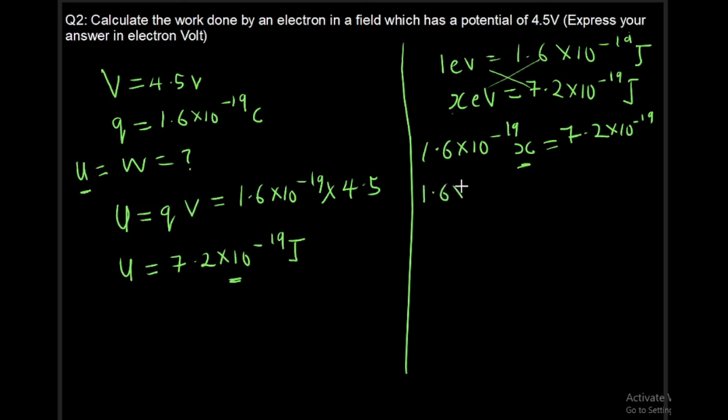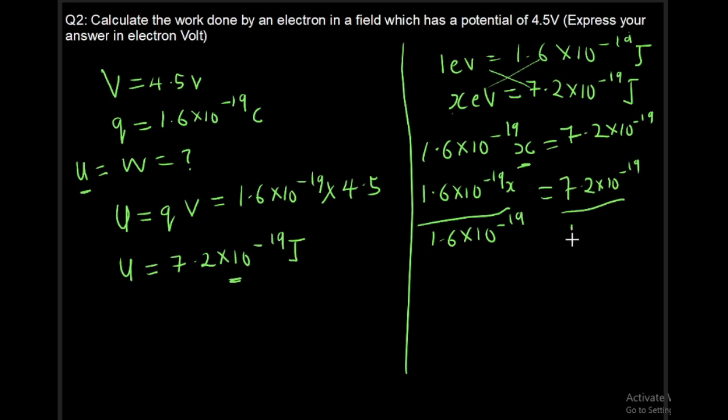So we have 1.6 times 10 raised to the power of minus 19 x all over 1.6 times 10 raised to the power of minus 19 equals 7.2 times 10 to the power of minus 19 all over 1.6 times 10 to the power of minus 19. The whole of this will cancel this.